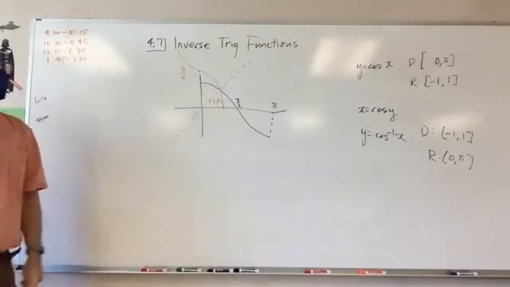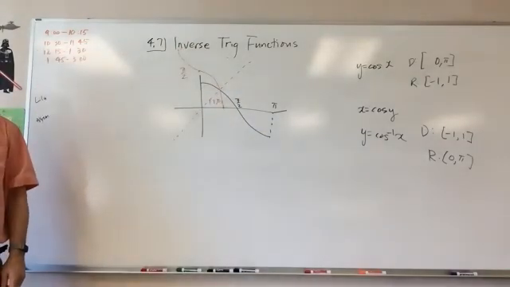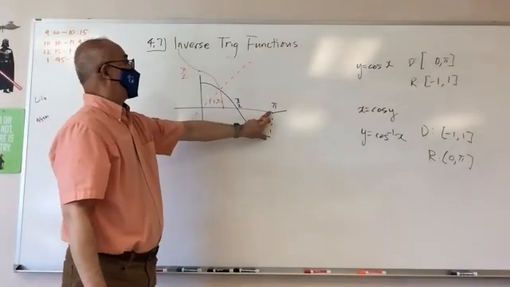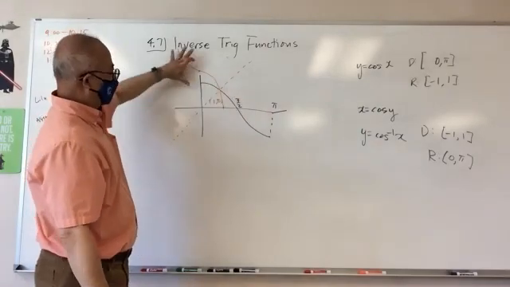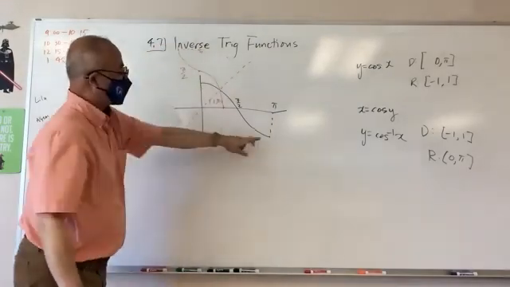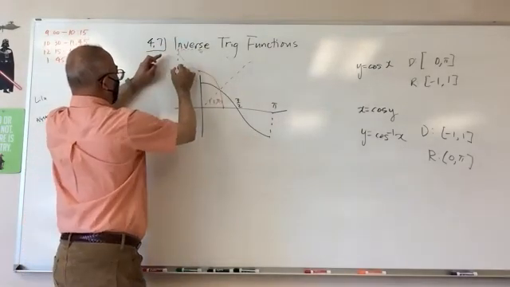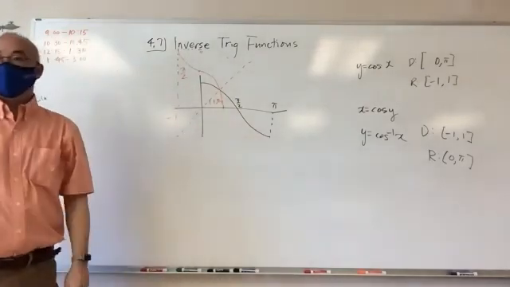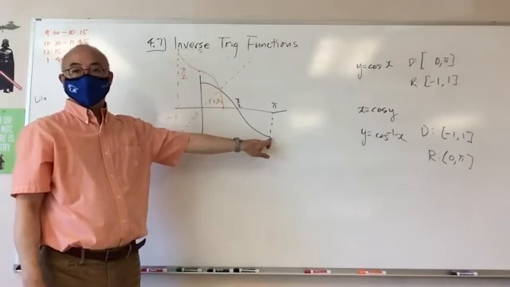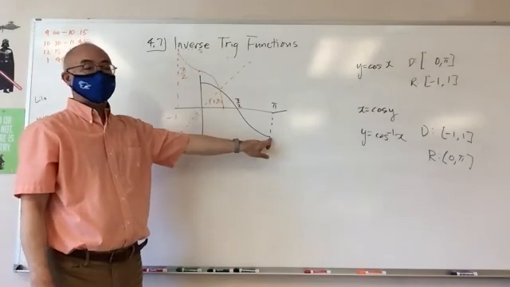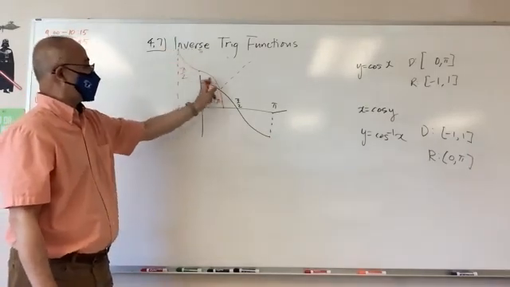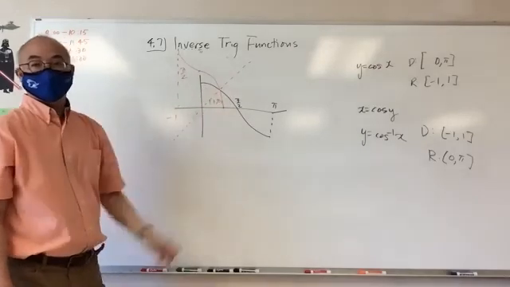Because this point over here was pi, -1, it now becomes -1 and pi. So this here is the graph of arc cosine.